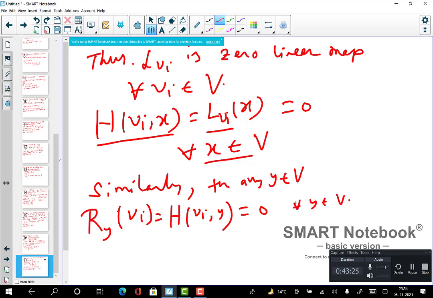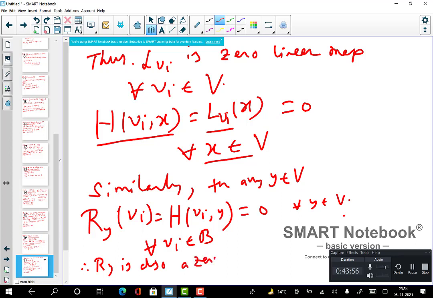And obviously for all Vi belonging to V. So what does that mean? That means this R map, R_Y, vanishes on the basis vectors for any element, and that means R must be the 0 map. So R_Y is also a 0 linear map.